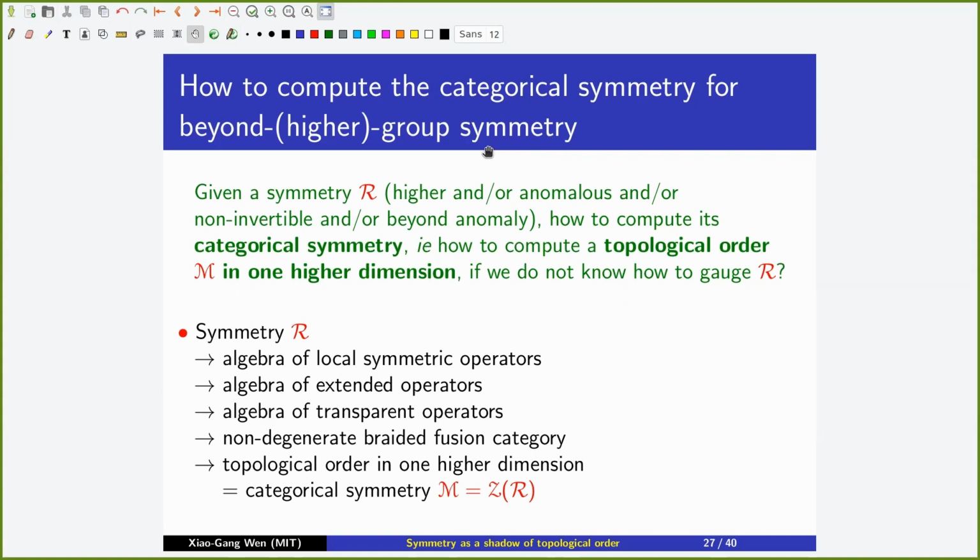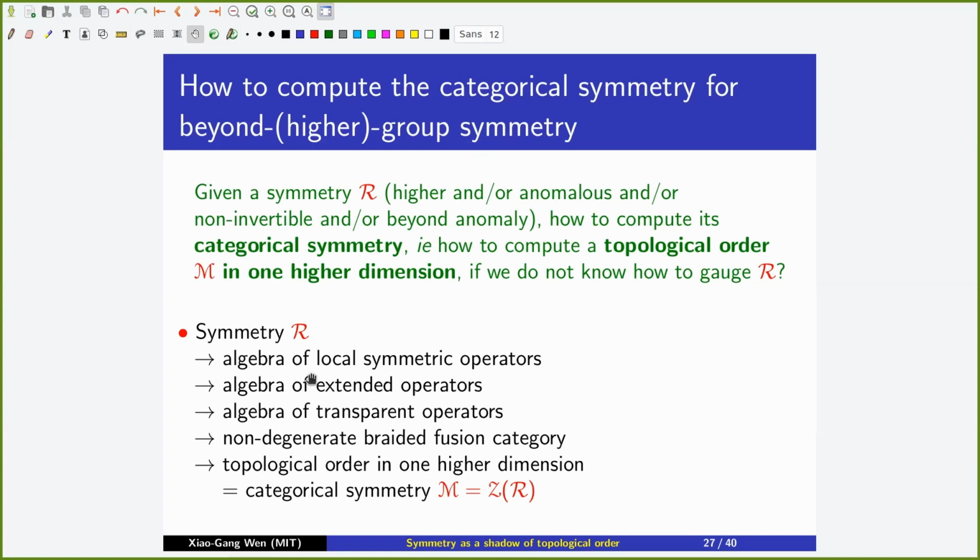But more generally, when you have a symmetry which we don't know is described by a group or not, or maybe it's something beyond the group, how to describe its symmetry? How to compute its symmetry?